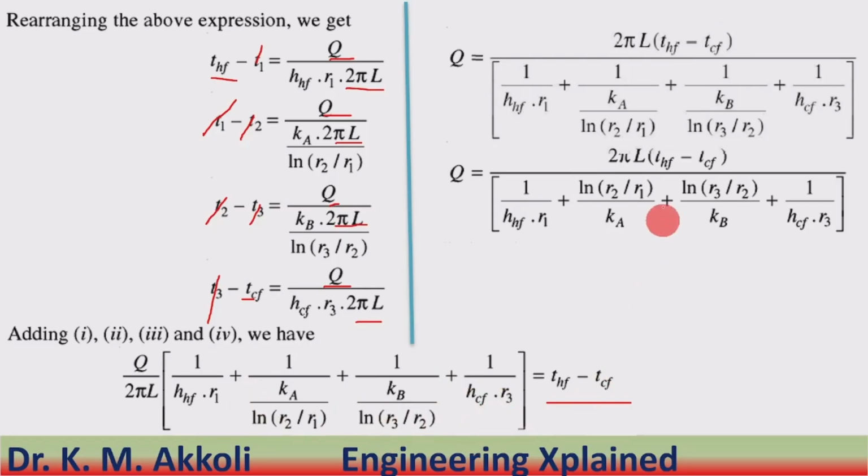Okay, the temperature difference. Again, Q can be written as Q equal to 2 pi L into THF minus TCF by the thermal resistance of each layer. We are going to take the resistances in the denominator. We are going to take the temperature potential difference between the inside fluid and the outside fluid by the thermal resistance for the convection, the two layers of conduction, and the convection.